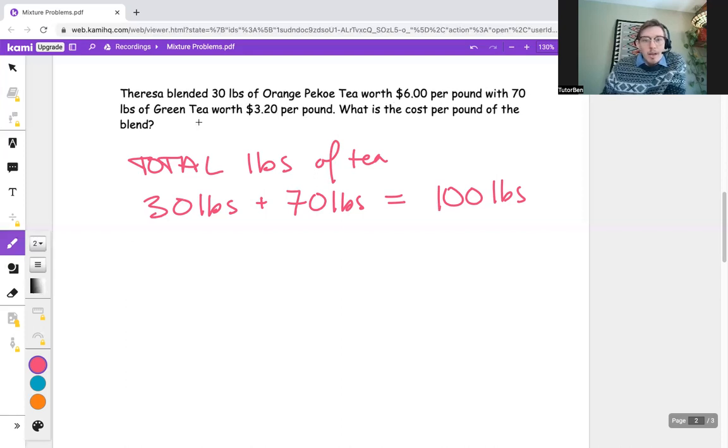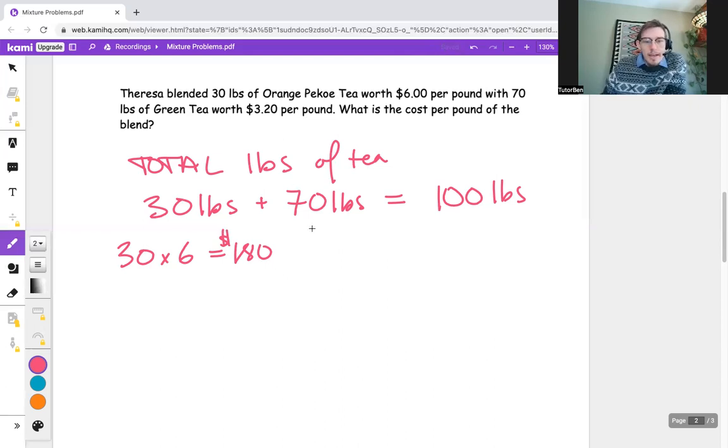We'll see quickly that to find the 30 pounds, we just need to multiply 30 times 6. So this is going to come out to 180, and the units we're talking about are dollars. So 30 pounds of this tea costs $180.